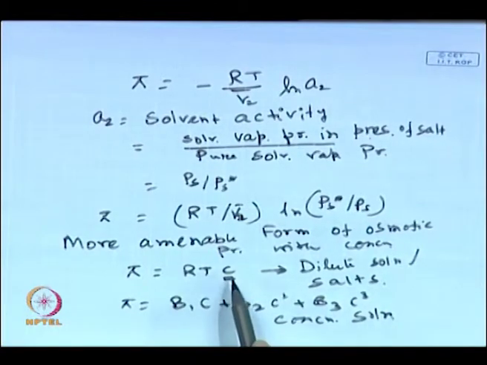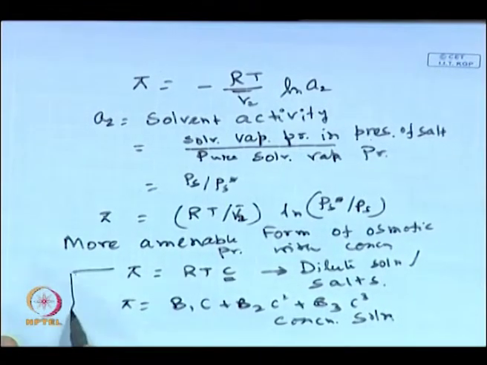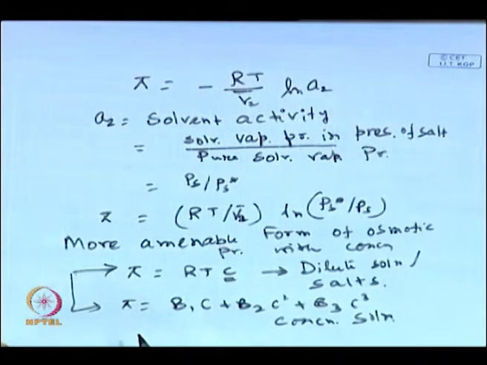And this corroborates the fact that osmotic pressure is a colligative property and it is a function of concentration, and we have discussed in detail, probably in the last class, the range of applicability of the linear relationship of pi versus C like RTC, and a nonlinear relationship as a polynomial in concentration.